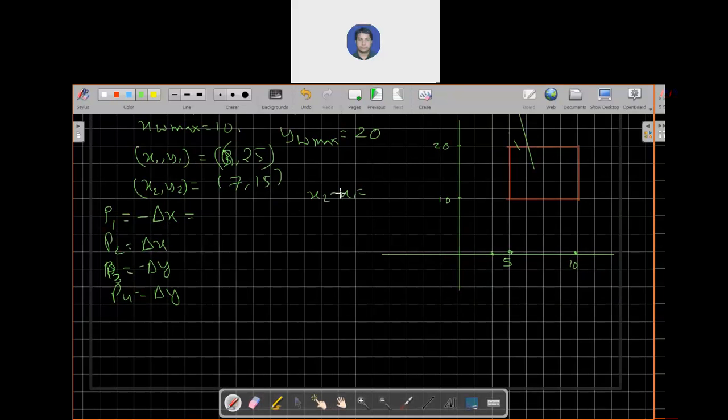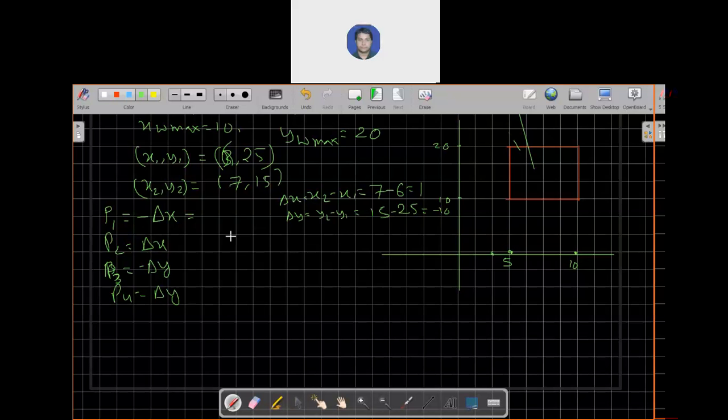Your x2 is 7, x1 is 6, so delta x is 1, and delta y equals y2 minus y1. Y2 is 15 and y1 is 25, so the value is minus 10.